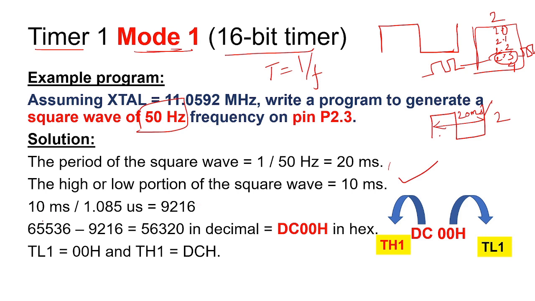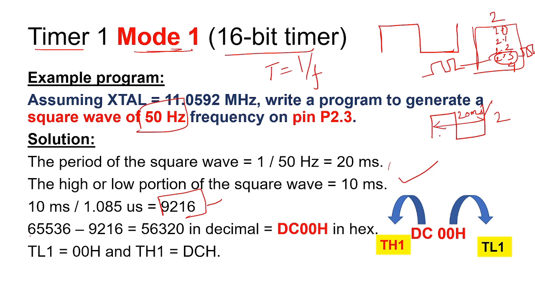The 10 milliseconds portion of the square wave, divided by 1.085 microseconds, which is the machine cycle time. If you divide 10 milliseconds by 1.085 microseconds, you will get 9216 pulses. This is the number of pulses you require.